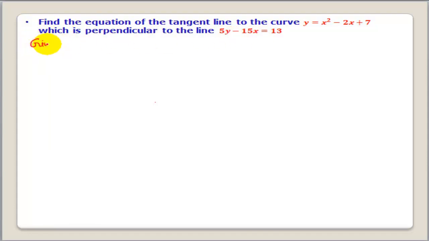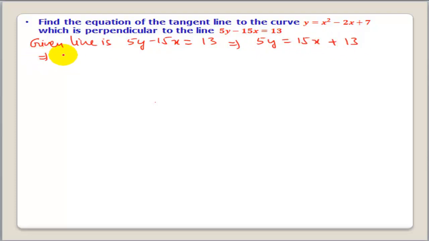The given line is 5y minus 15x is equal to 13, which can also be written as 5y is equal to 15x plus 13. Now dividing both the sides by 5, the equation reduces to y is equal to 3x plus 13 over 5. So we can easily make out the slope of the line. The slope of the line is the coefficient of x, which is equal to 3.